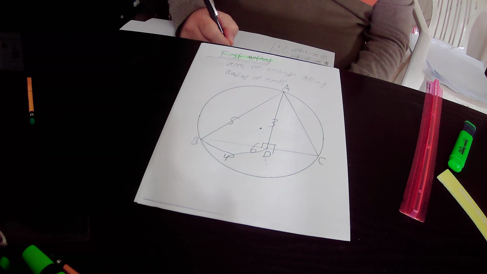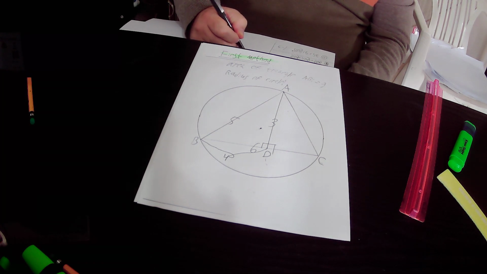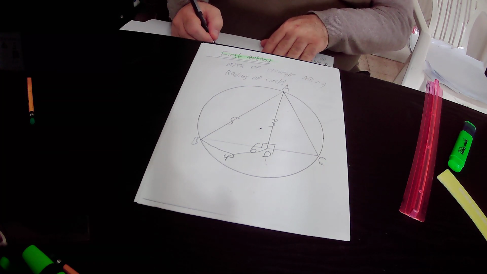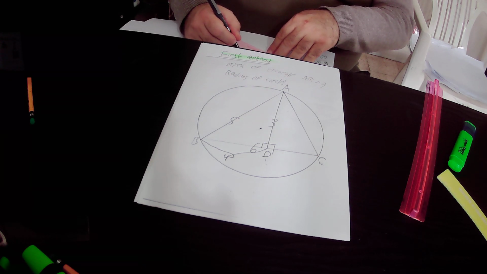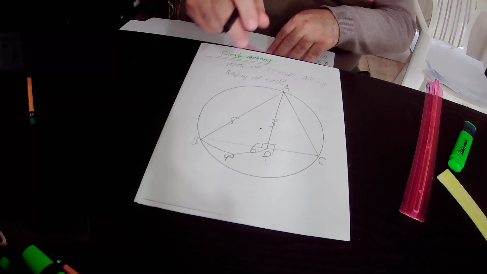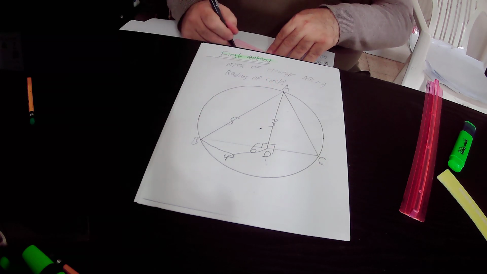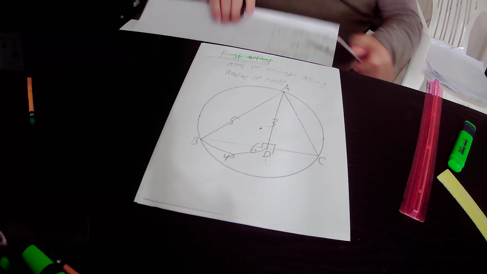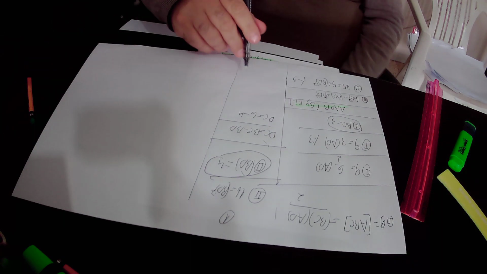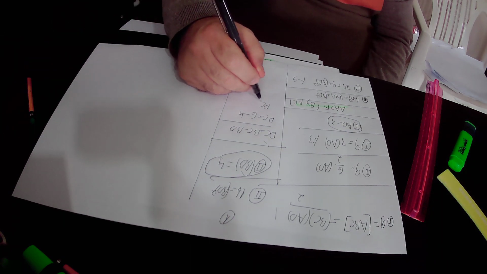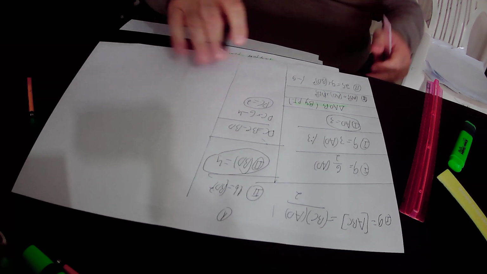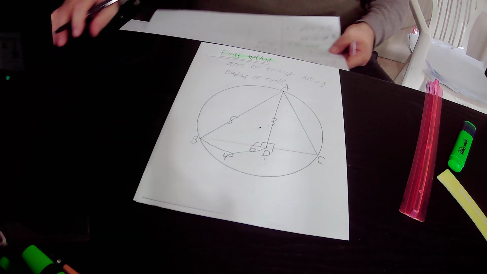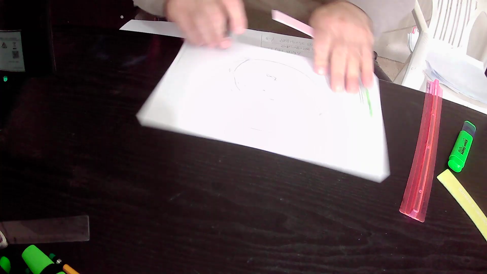BC equals 6 units, according to what is given in the question, minus BD, which we just found out equals 4. So in conclusion, DC equals 6 minus 4, that is 2. DC equals 2 units, so we can write here that DC equals 2 units.